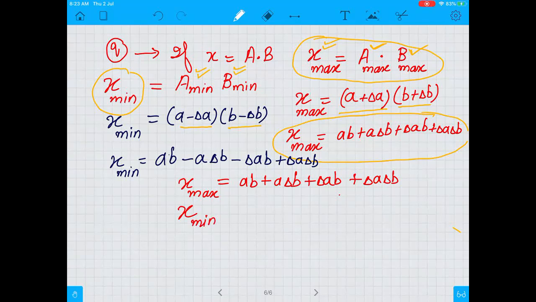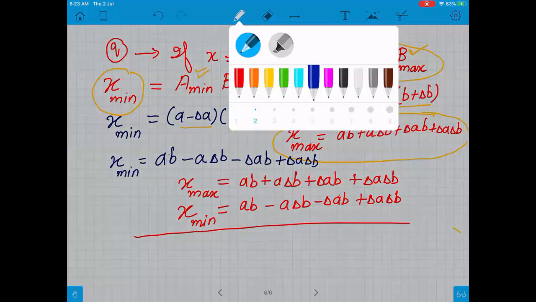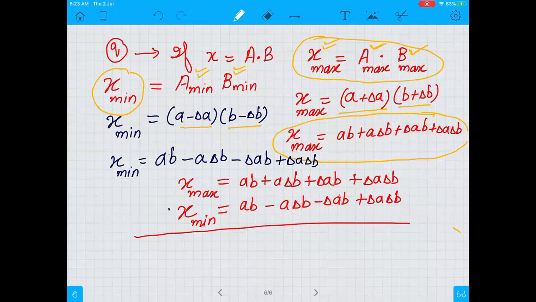And the minimum possible value of x is AB minus A delta B minus delta A B plus delta A delta B. Now, if you want to calculate the range of values of x, then you have to subtract the minimum value from the maximum value. And the method to subtract is to change the signs of the second expression. A positive sign will become negative, a negative sign will become positive, and a positive sign will become negative.